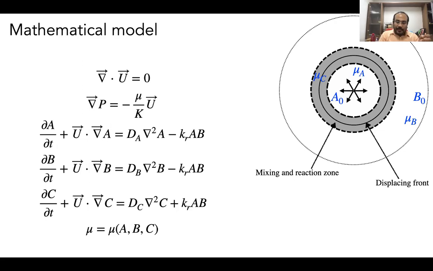This is a nonlinear equation in its own right, because it's coupled through the fluid flow velocity U, as well as the last term, the chemical reaction term Kr times AB, which denotes the reaction. It tells how A and B react, generating the product C. And as I said, the viscosity mu depends on all three components A, B, C.